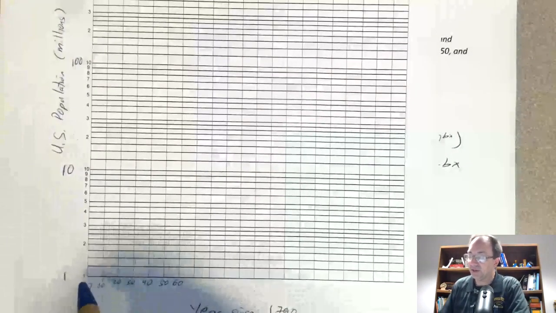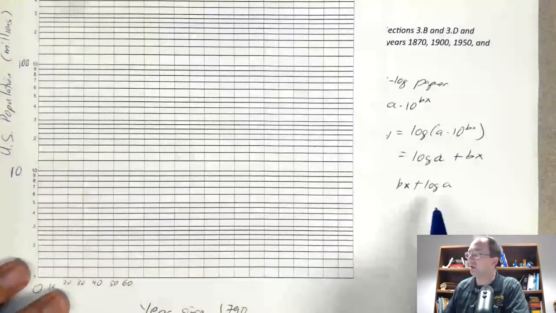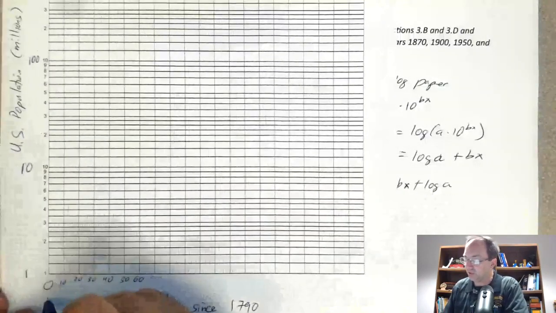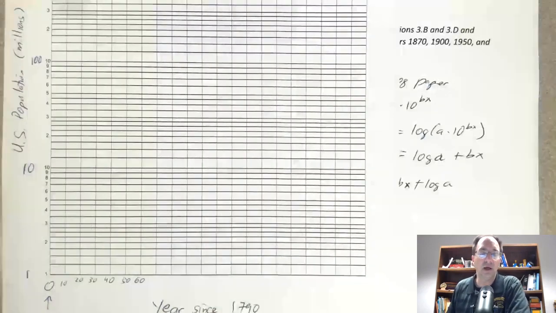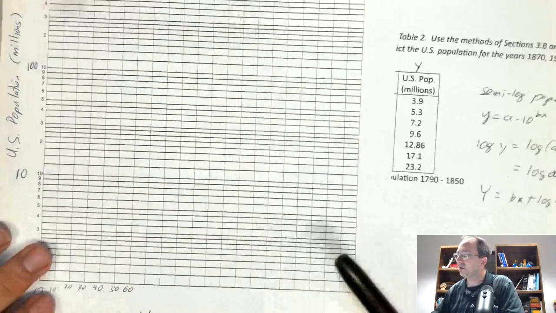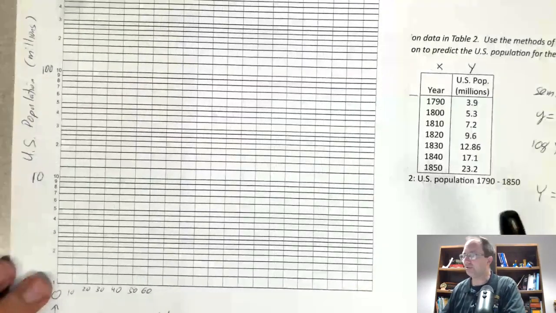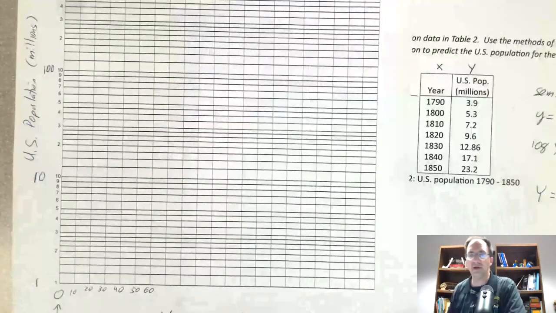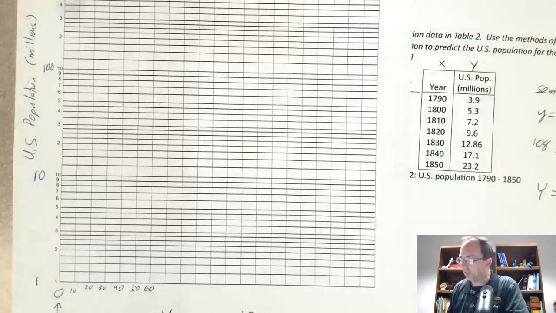Notice in this case, we do have a 0 axis, so when we're interested in this intercept, this will be the intercept we need, so hopefully the line will pass through that vertical axis. Otherwise, we'll have to do something similar to the previous example. So there's our data. Again, I encourage you to plot this on your own first, and then you can check your answer with mine. Here's how I would do it.